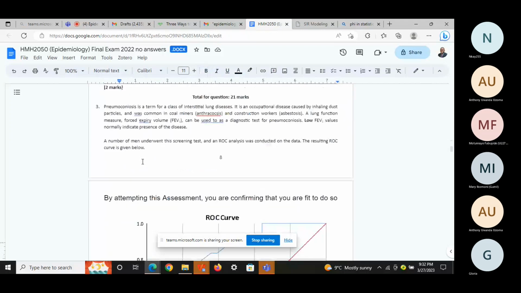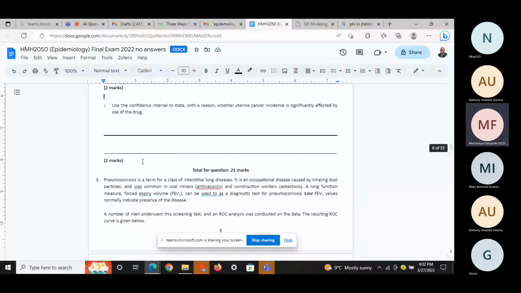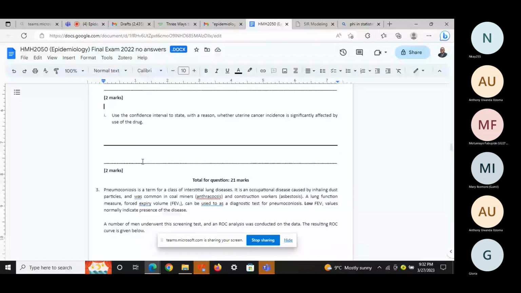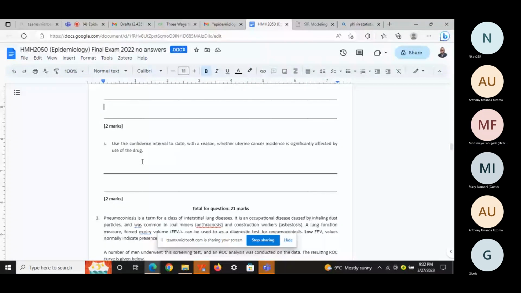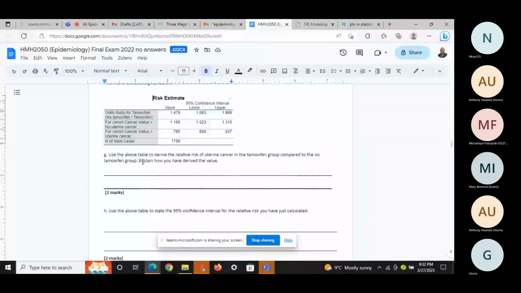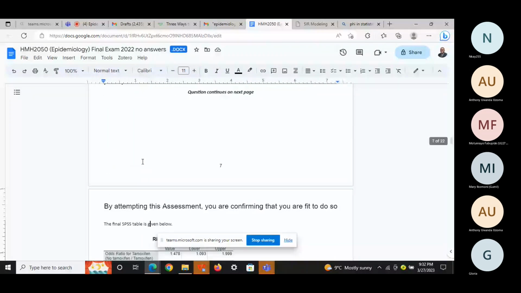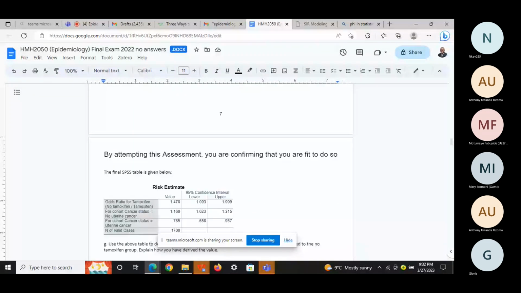Okay, so let's look at this one. They said, using the confidence interval with a reason, state whether the uterine cancer incidence is significantly affected by the use of the drug. Who are those that attempted, who watched my video? I explained confidence interval there. Look at this confidence interval now.